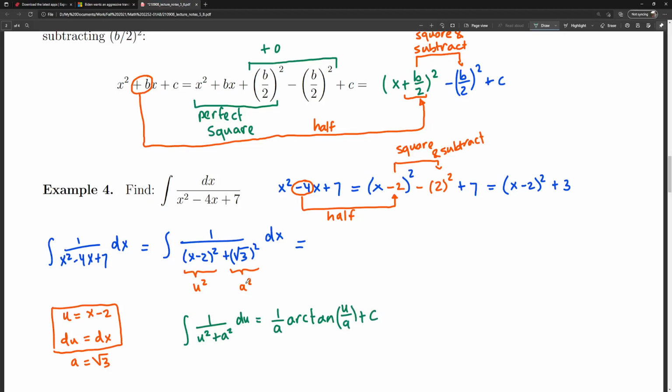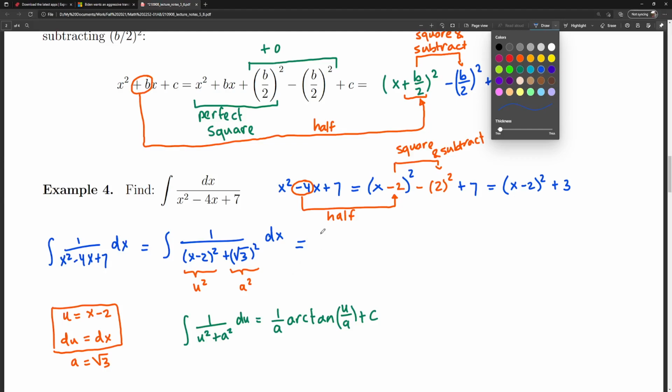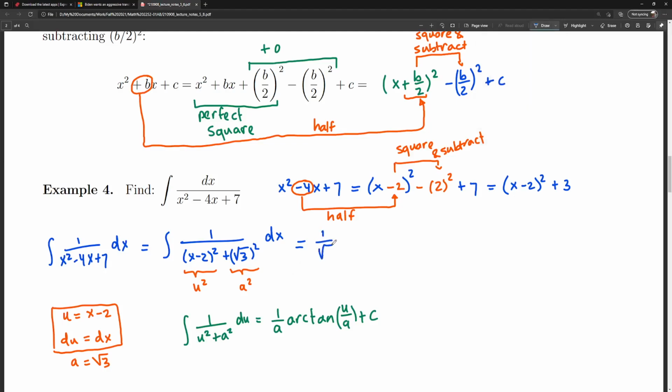So with a being square root of 3, this integral becomes 1 over square root of 3 times the arctangent of u, and u was x minus 2.